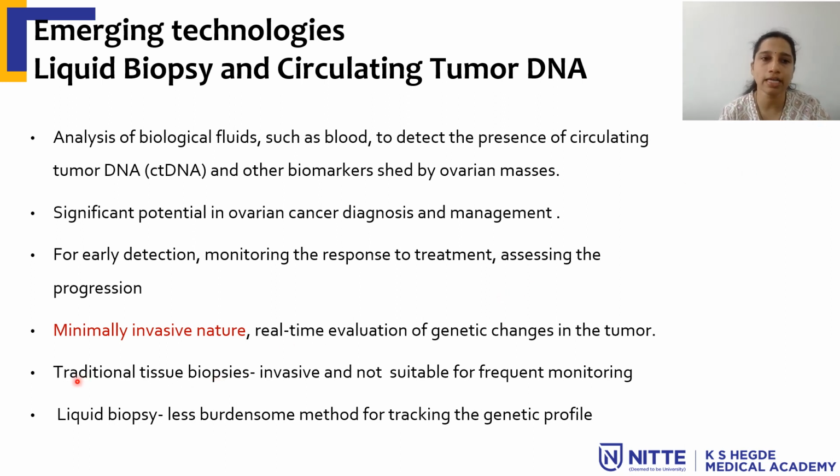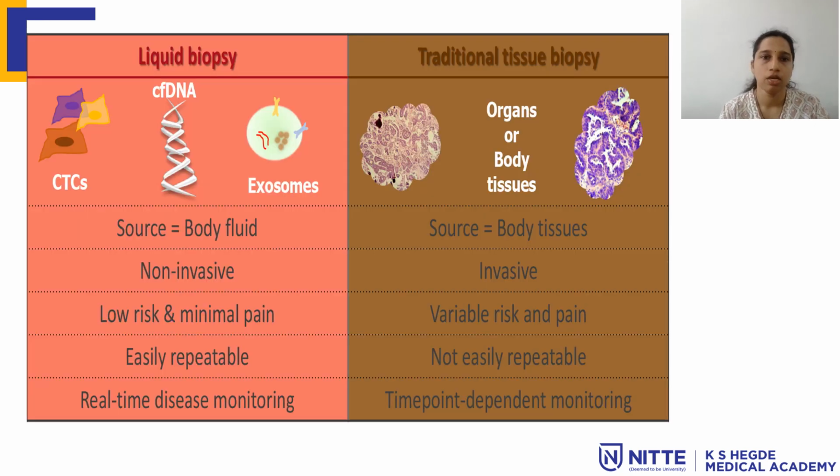In contrast to traditional tissue biopsy, which is an invasive procedure, liquid biopsy is minimally invasive, so it can be utilized for repeated investigation. So the difference between liquid and traditional tissue biopsy is that liquid is minimally invasive and easily repeatable, while traditional is an invasive procedure and not easily repeatable.